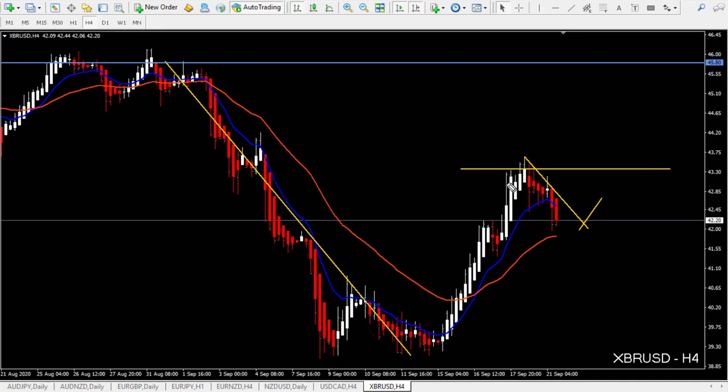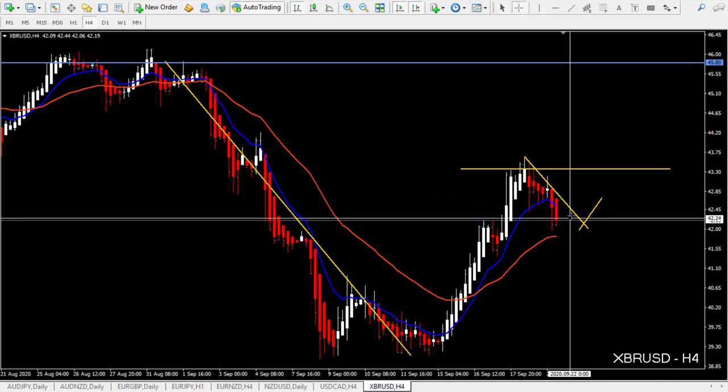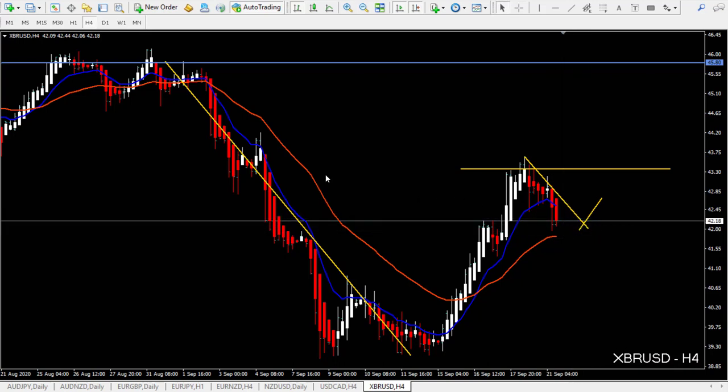Of course, price can also create a lower high and continue to go down. So you need to be aware of this. We still have weekly pointing down, daily pointing down. So everything is pointing down for now. That's why you need to remember, if you would like to take short entries, look for short entries here.